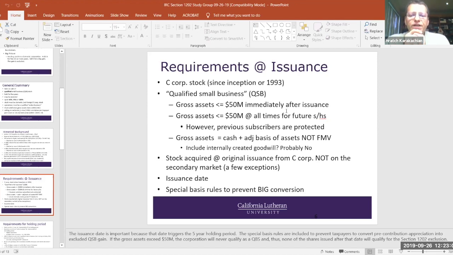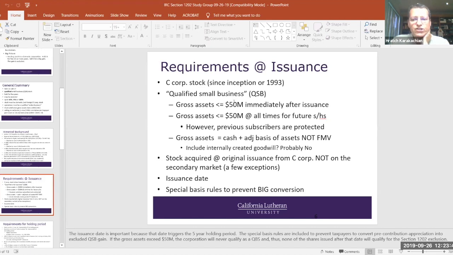But if at some point in the future the company's operations take off and they need more seed capital, and they go out in the marketplace and do some fundraising and sell additional shares, if at any point in time the gross assets go above 50 million, then the shares can never be Section 1202 shares because the company can never qualify as a small business.